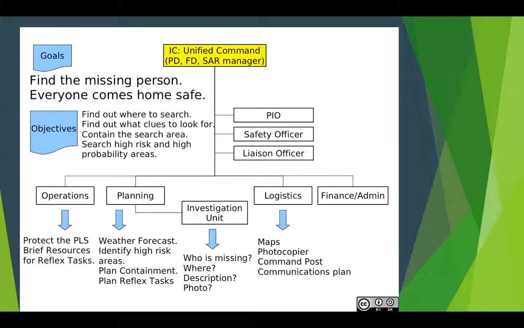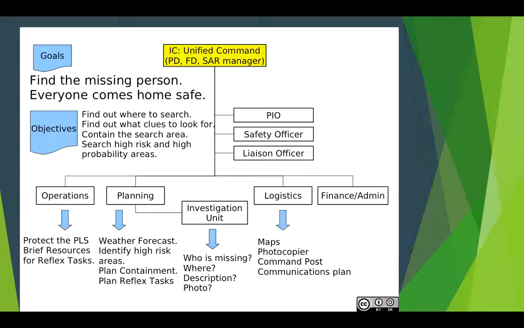We often refer to reflex tasks as hasty search teams. Planning, in the meantime, will be looking at the weather forecast, identifying the high-risk areas that may need more immediate attention. They'll be planning the containment strategy, and again, we'll be talking about what that means in a second. And they'll be the ones planning future reflex tasks or hasty searches.